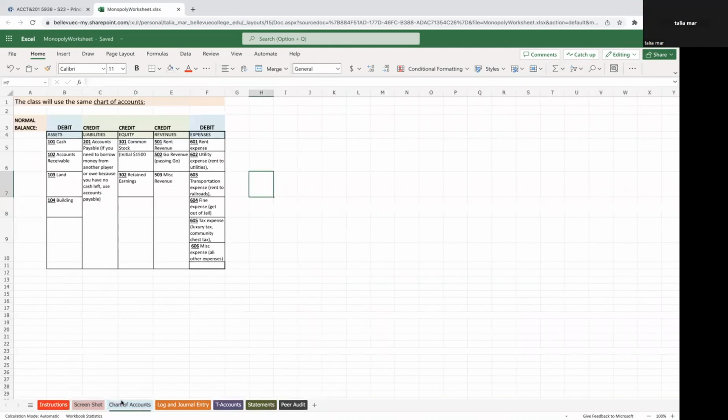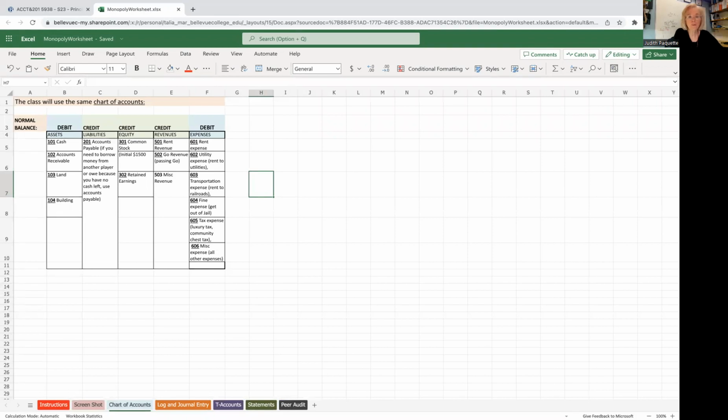Okay. So you can see you have a very small chart of accounts here. We've got 4 assets, 1 liability, common stock and retained earnings under stockholders' equity.